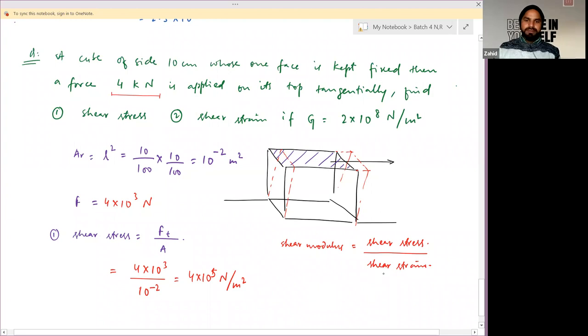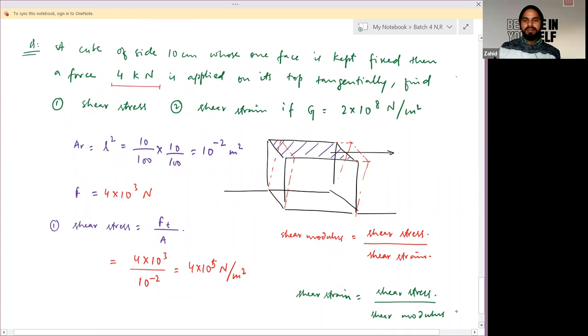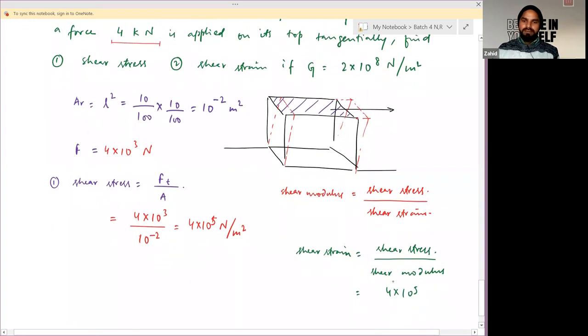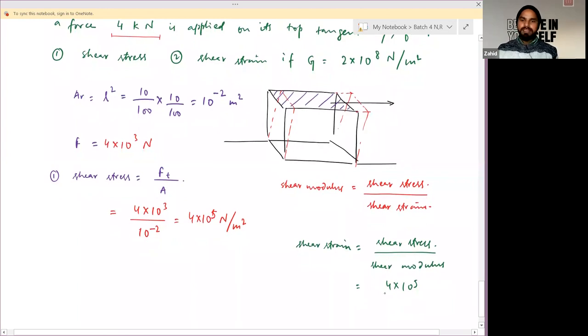Now, from this second equation, if you move shear strain to left hand side and shear modulus to right side, you will get shear strain or theta equals to shear stress divided by shear modulus. The value of shear stress we have calculated as 4 into 10 to the power 5, and the value for shear modulus is given in the question as 2 into 10 to the power 8.